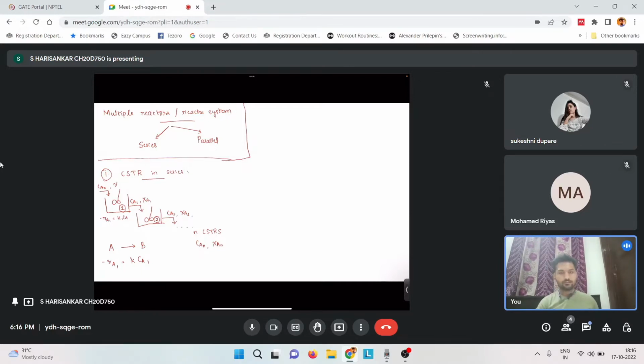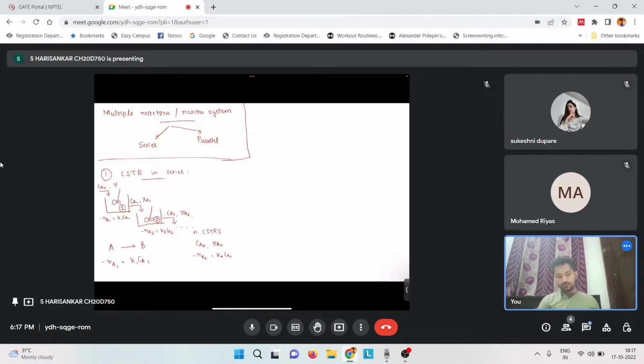And in system 2, we'll have minus Ra2, which is K2 CA2. And for our nth CSTR, we'll have minus RAN, which is basically KN CAN. So our assumption here is that this is a first order reaction for simplicity. You can derive this equation in the same procedure for higher order systems as well, for second order, third order, and so on. But for the sake of simplicity, we'll take minus RA equal to KCA as our reaction rate.